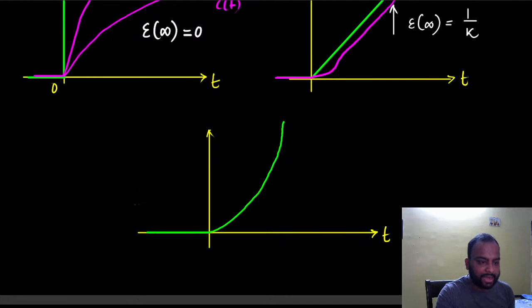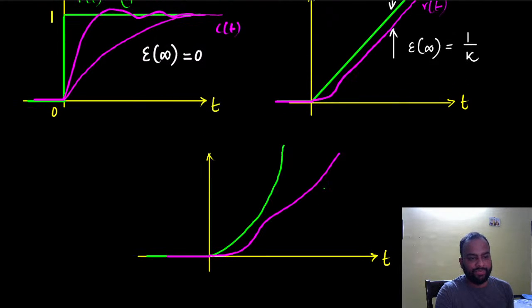So what would happen is that the response is now going to look like this. It will not accelerate, or rather it will accelerate at a different rate. Once again, as time goes on, the gap will keep on increasing and increasing, and thus E infinity here, this is the gap here, will reach infinity for this system.